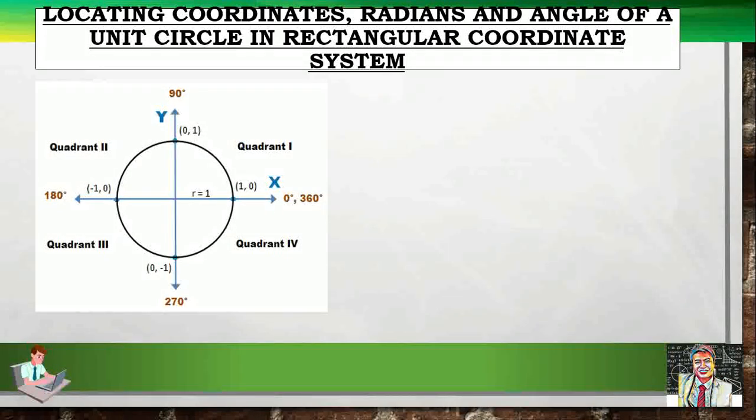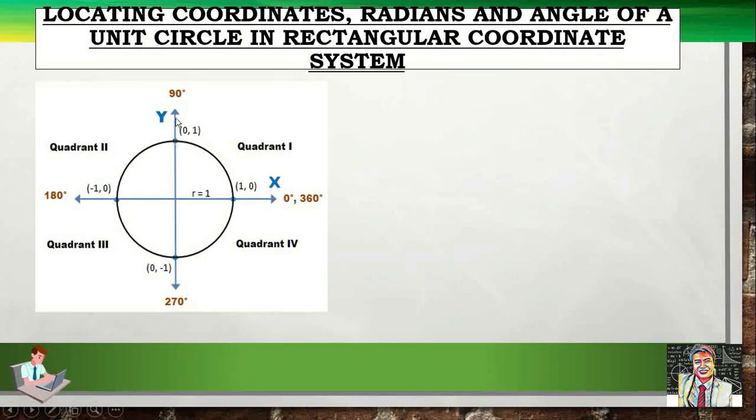So, let us start with the quadrant angles. So, since unit circle ang pinag-uusapan natin from center, so therefore, kung 1 unit to, ang coordinates neto, that is 1 and 0. So, for 360 degrees or 0 degrees, ang equivalent coordinates niya, that is 1 and 0. Since 1 unit yan, diba? 1 and 0.